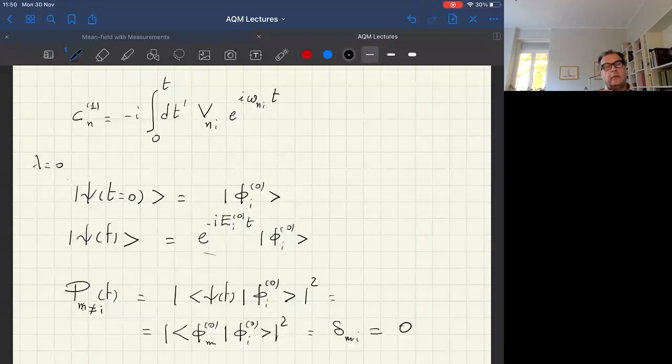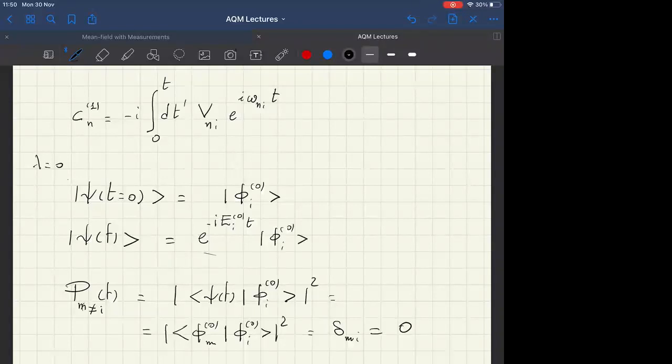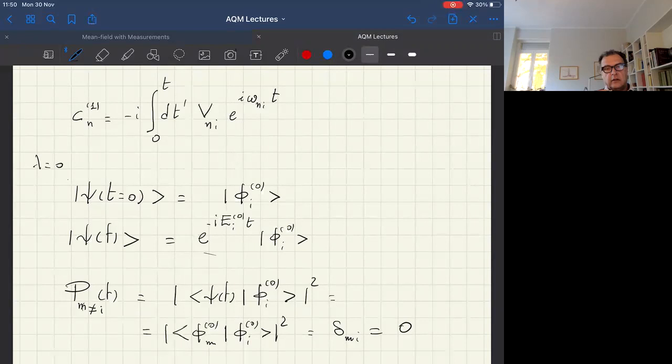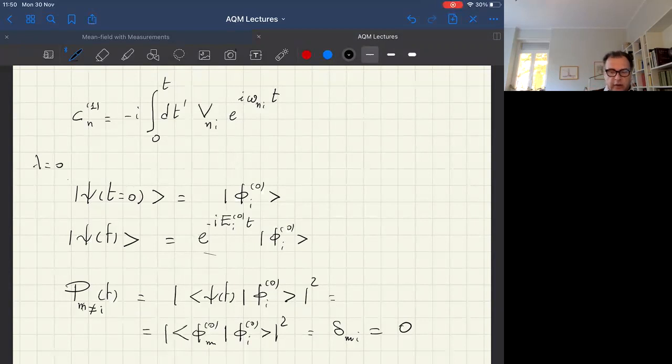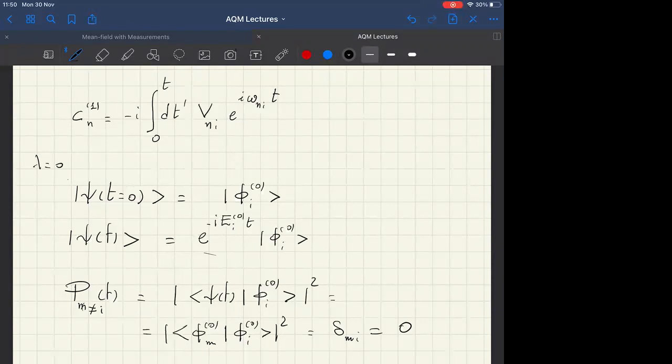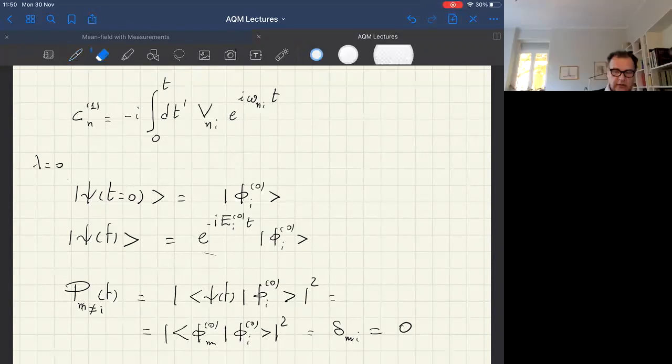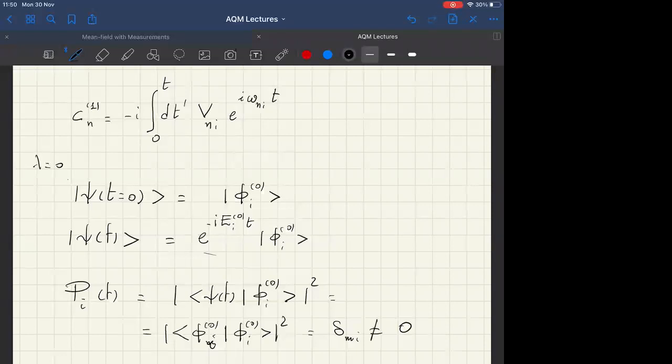Yeah, so it's equal to 0, not 1. Before, I asked the probability that the system is in I, and this is actually 1.